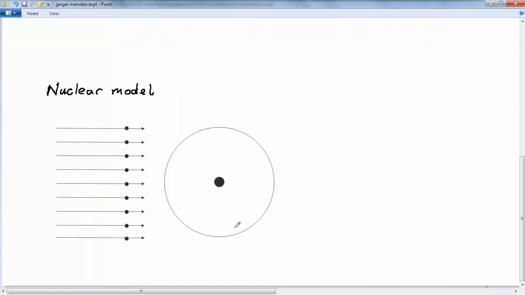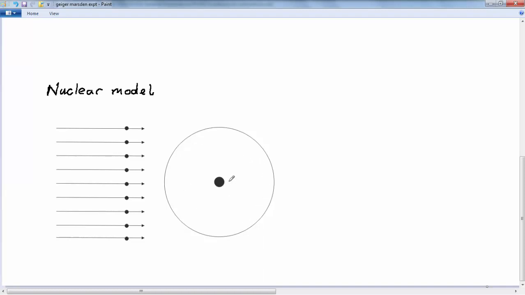In Rutherford's nuclear model, we have a nucleus which contains nearly all of the mass of the atom with a positive charge, and negatively charged electrons orbiting this positively charged nucleus. The distance between these negative electrons and the nucleus is enormous, so there's a huge amount of space in the atom. So we've got the positive nucleus.